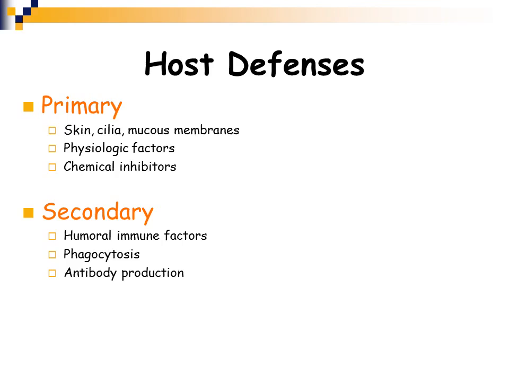We produce chemicals that will inhibit bacteria from adhering and invading. So those are our primary defenses. Our bodies also have secondary defenses, such as our immune system: phagocytosis, or our macrophages going around gobbling things up, and the ability of our immune cells to produce antibodies.